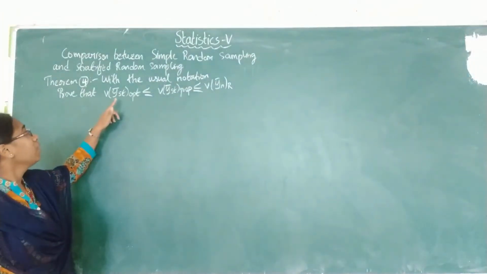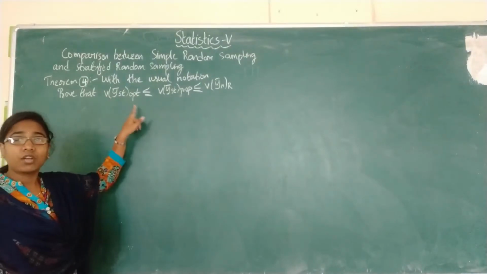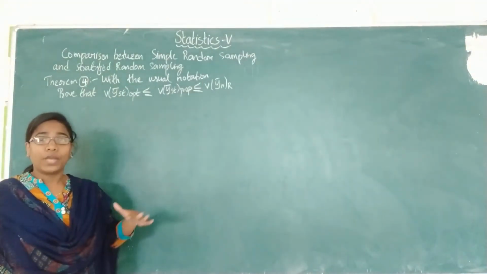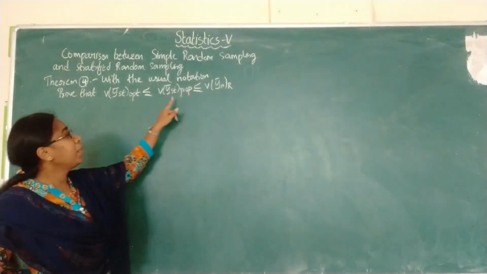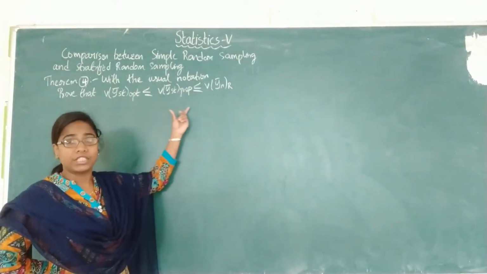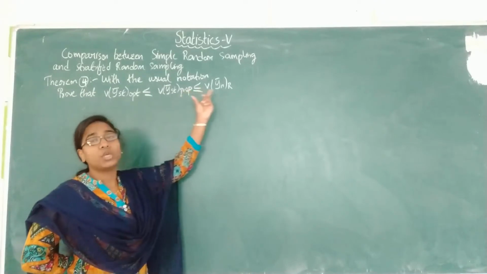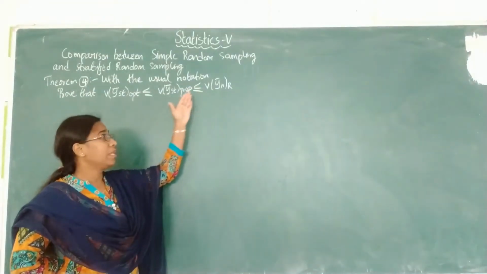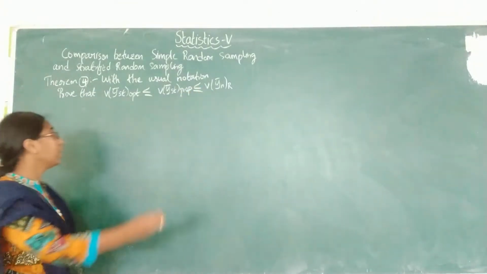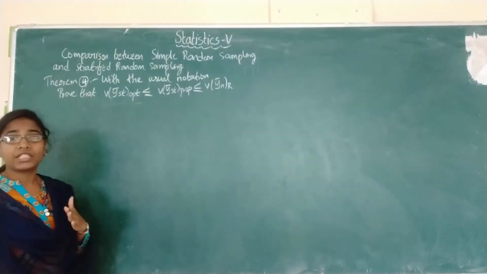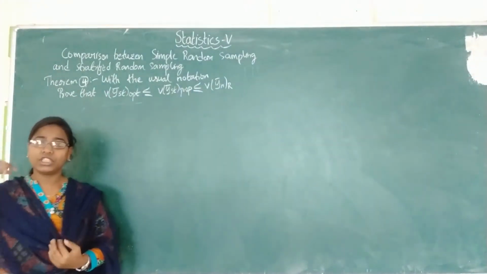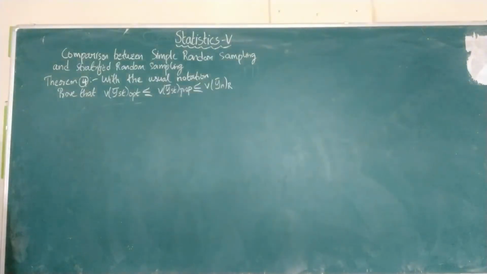The optimum allocation variance will always be less compared to proportional allocation, and proportional will be less than random. So we conclude that the variance of y bar st under optimum allocation is more efficient compared to proportional allocation and simple random sampling.